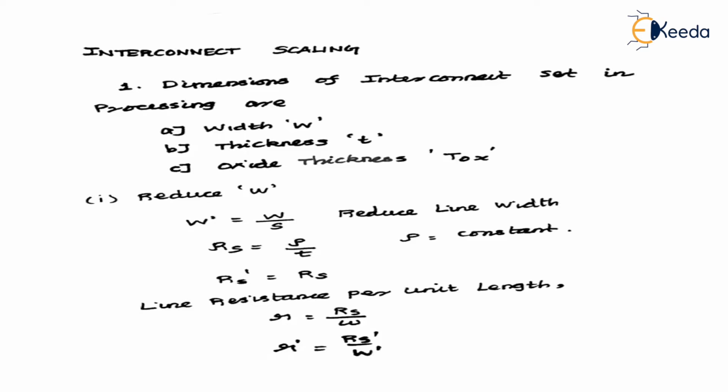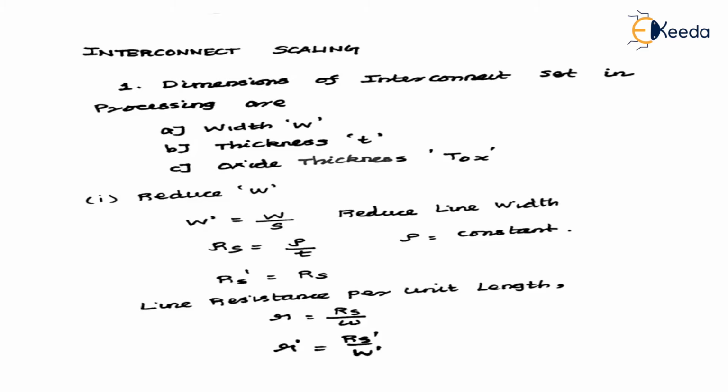Now, the line resistance per unit length is R, where R is equal to RS by W, which we have seen in the previous video. So R is nothing but the sheet resistance divided by W. The new resistance after scaling down will be R dash, which is RS dash by W dash.